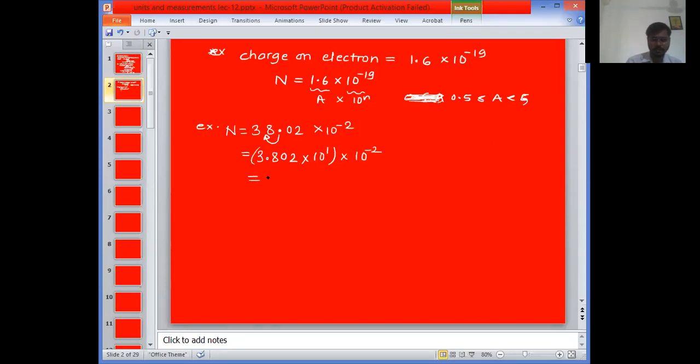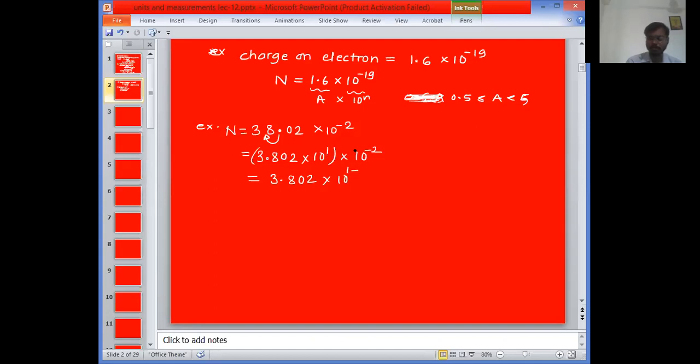Now this will give me the number as 3.802. Now 3.8 is between 0.5 and 5, so absolutely no problem. 3.802 multiplied by 10 raised to +1 into 10 raised to -2. Base same, multiplication means addition of indices.